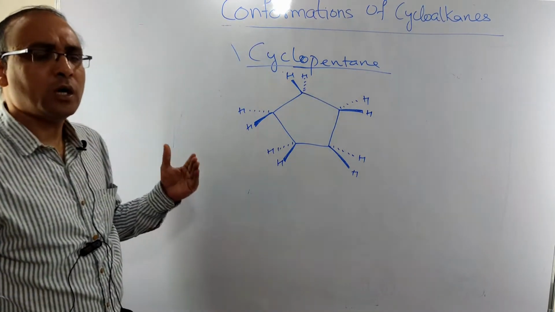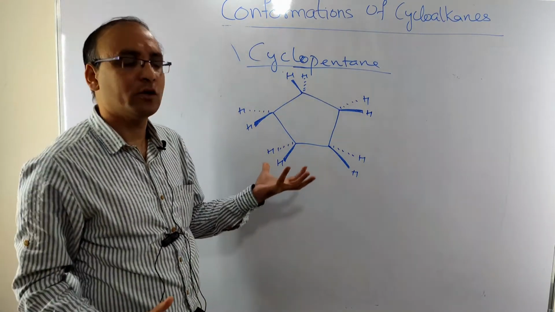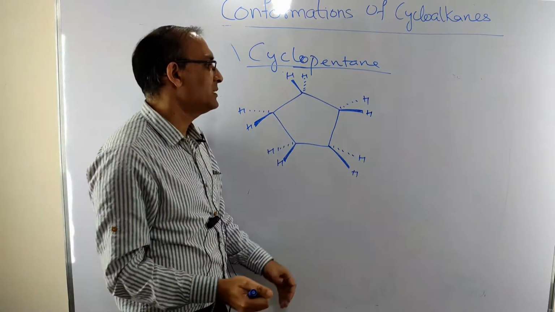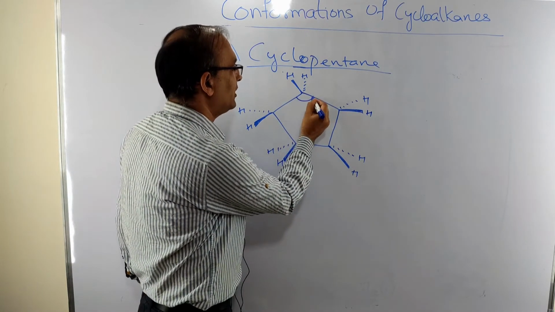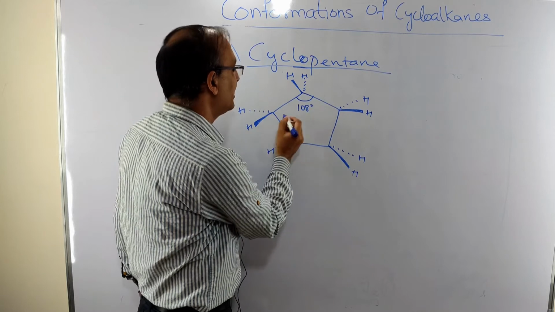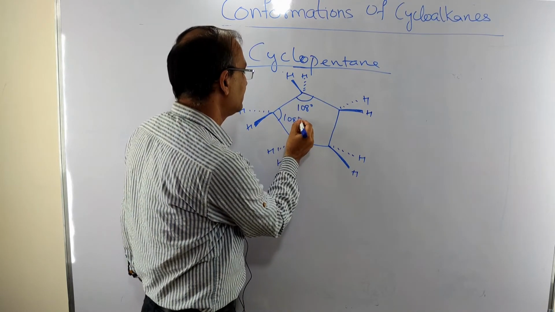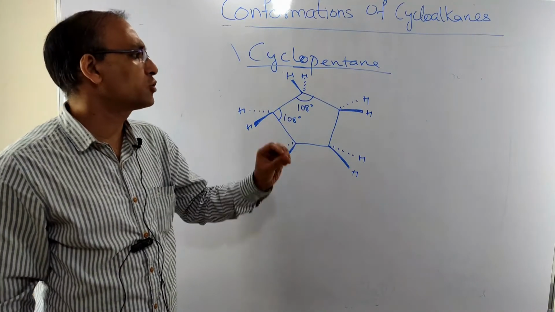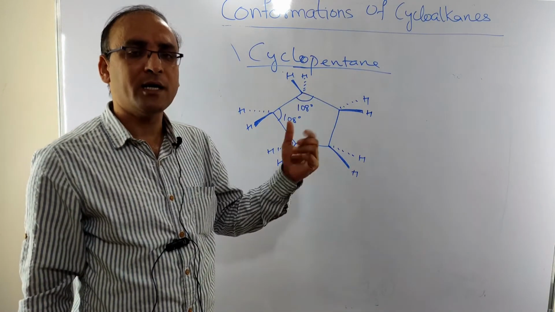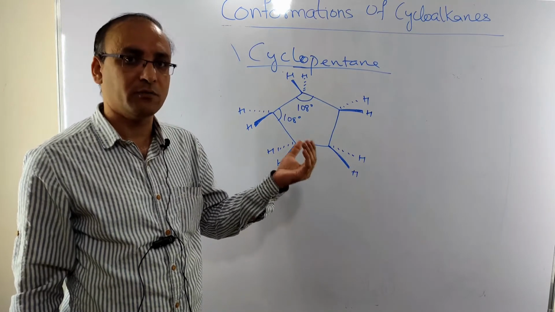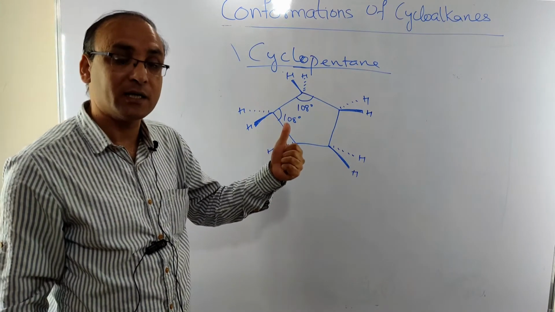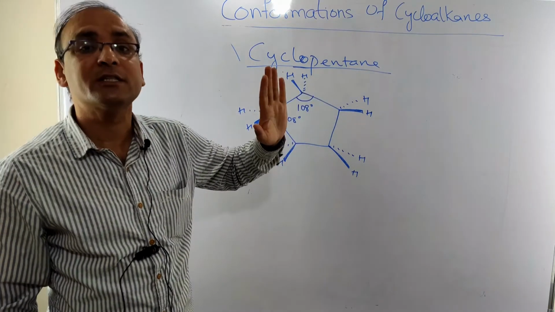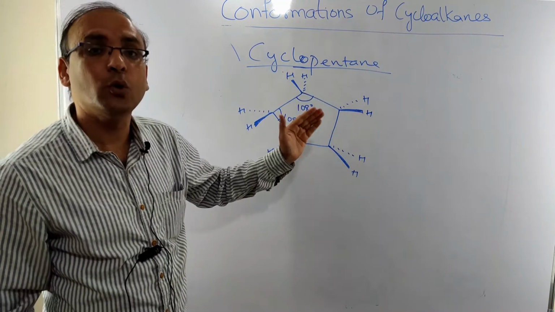When we think of cyclopentane, we think of a cyclic planar structure. Now what will be the angles? If you use a little geometry, you will know that this angle should be 108 degrees. Now it's very, very close to your expected 109 degrees 28 minutes of an sp3 hybridized, tetrahedral carbon. So you should feel that this should be the stable conformation. It should look like this.